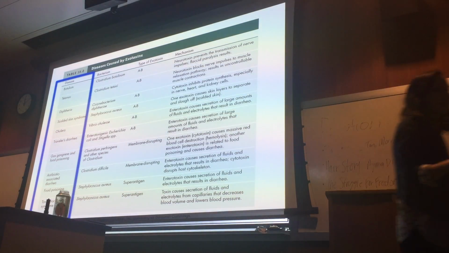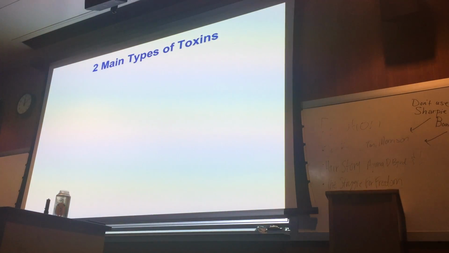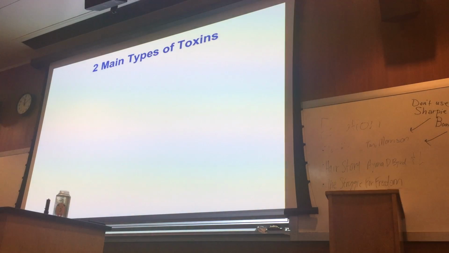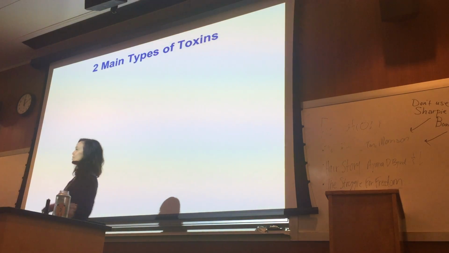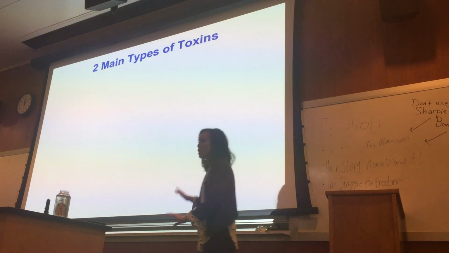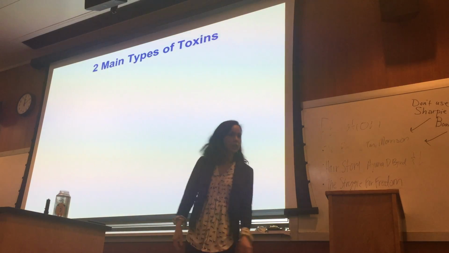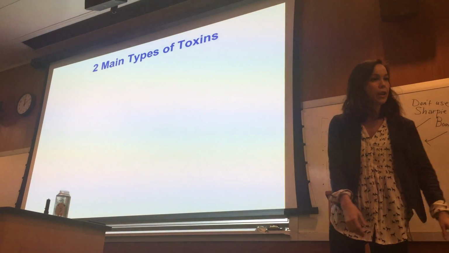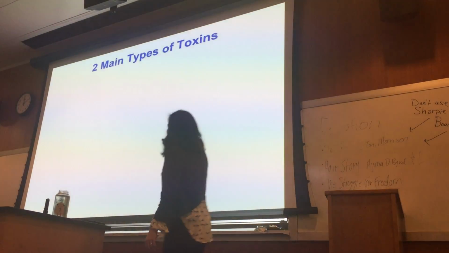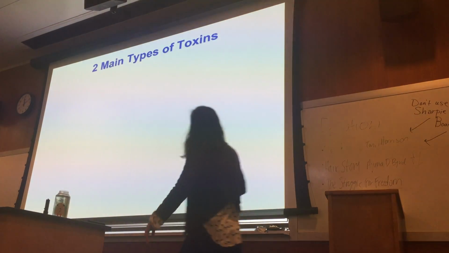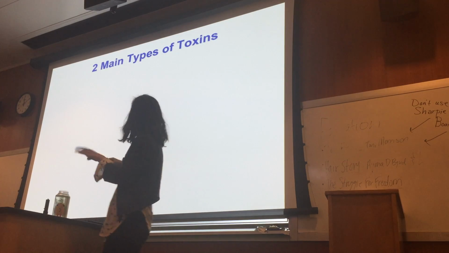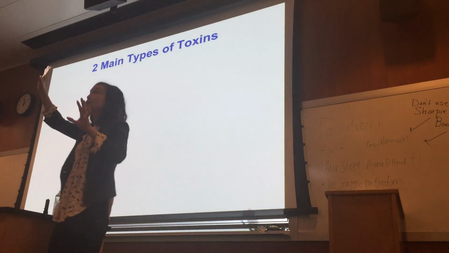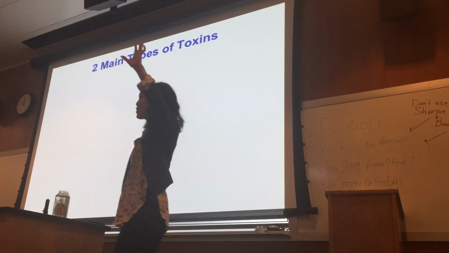So let's highlight the two big categories. What's good though is we've already talked about one of the categories, so we don't really have to talk about that one too much. It's really the first category that we're going to focus on. So toxins are subdivided into two groups. You're either called an exotoxin or an endotoxin.